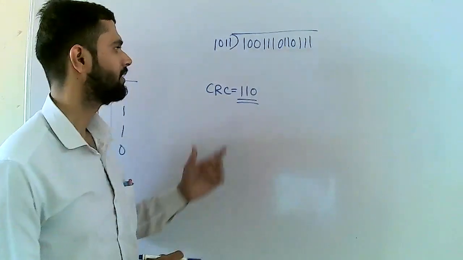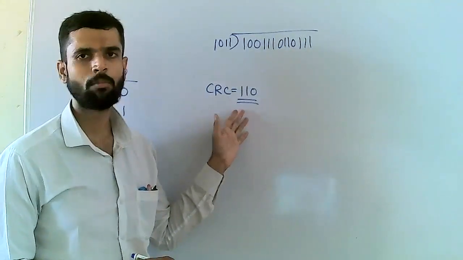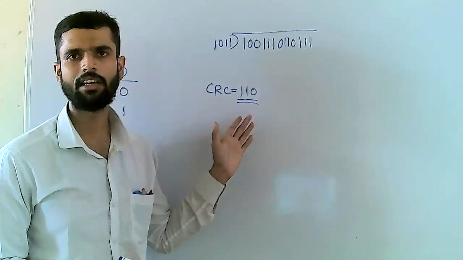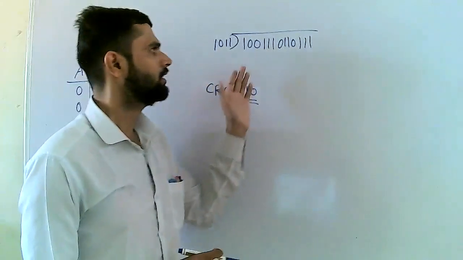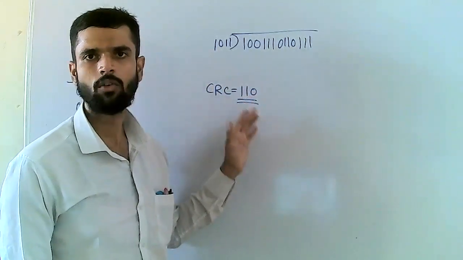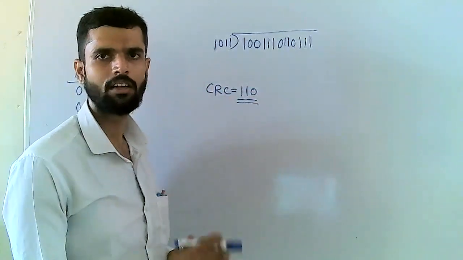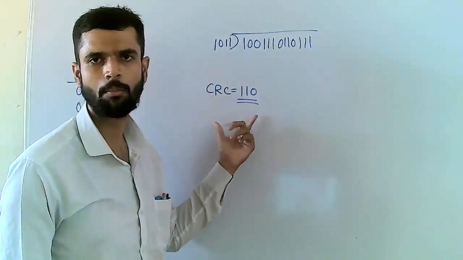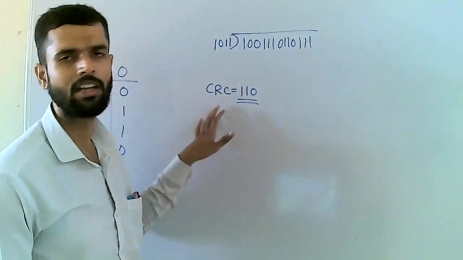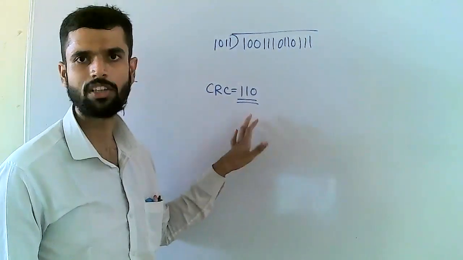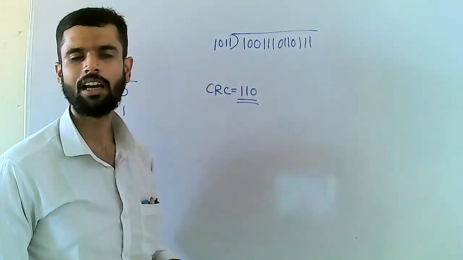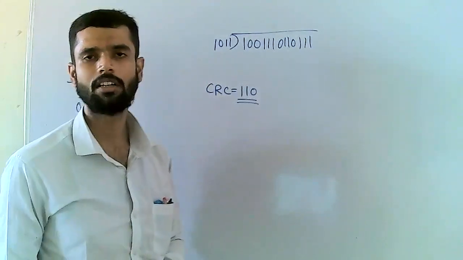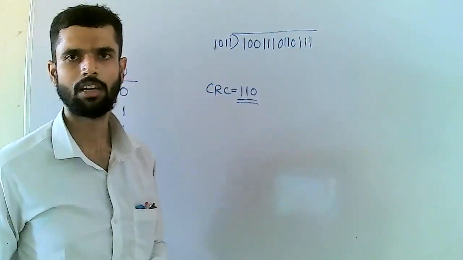So hence, in this example, we first calculated the CRC value without inversion of the bit, and then further we inverted the bit and solved the example again. After that, we finally get the CRC value as non-zero, which indicates that the data received by the receiver consists of some error.